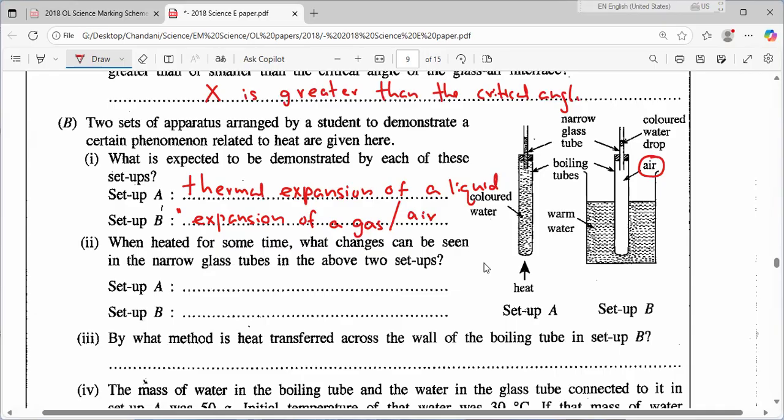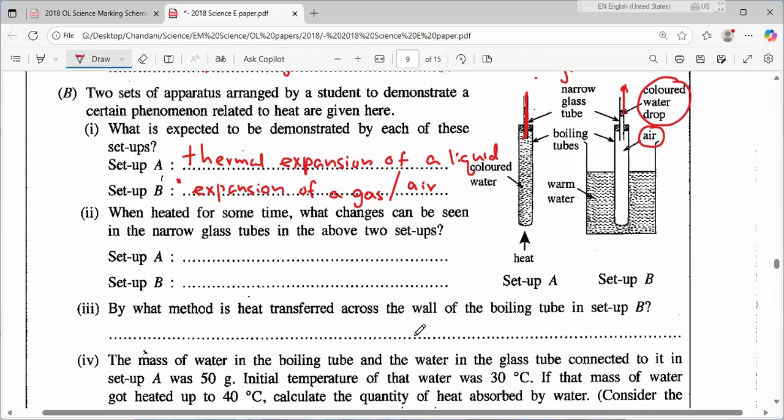And the second one: when they heated for some time, what changes can be seen in the narrow glass tube in the above two setups? In this one you can see the water level rising up, and in the second one the colored water drop is rising up. So here the water level moves up, and here the colored water drop moves up.